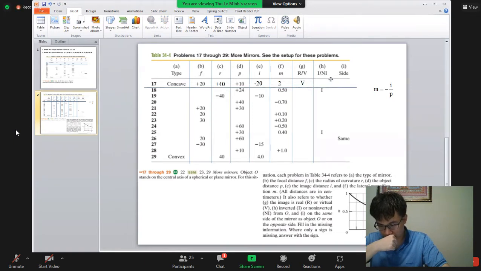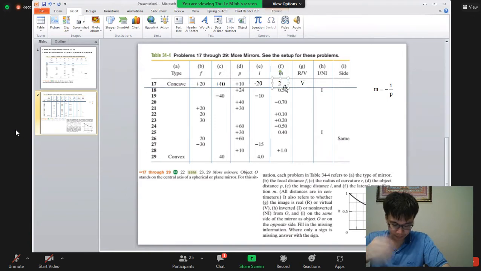And the next one, you should specify here inverted or non-inverted. The magnification is positive, so it is non-inverted. Non-inverted, so you should fill in N here, right?